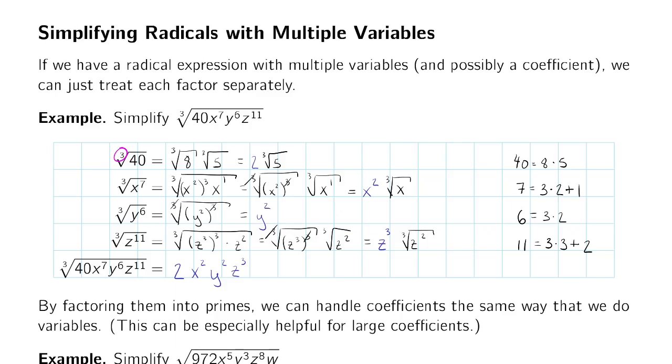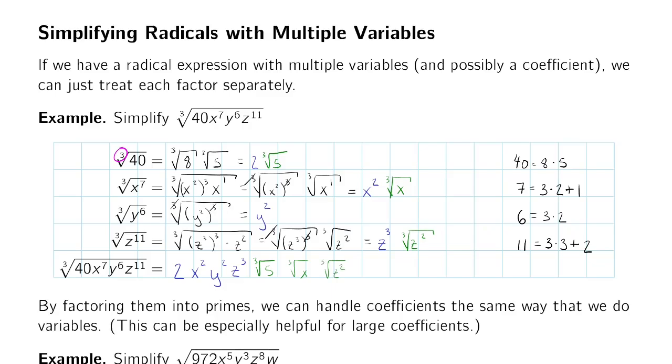And then next I want everything that is inside a root. So I'll have third root of 5, third root of x, third root of z squared.